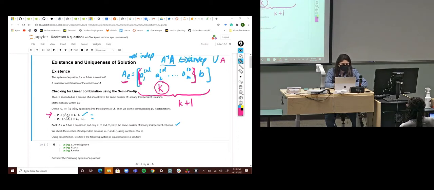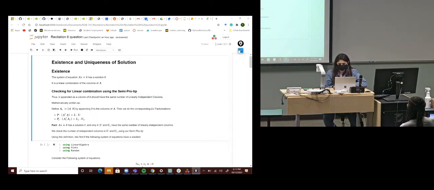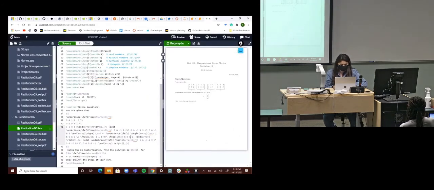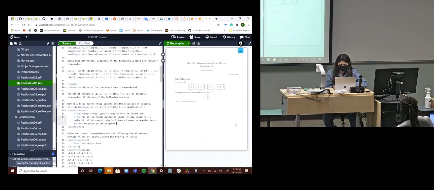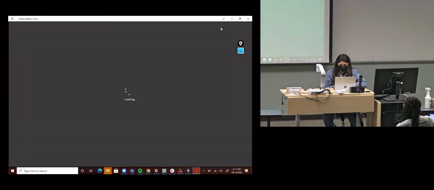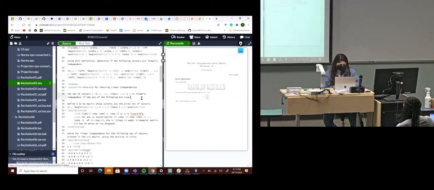We take A transpose A and we look at the columns of U using the semi-pro tip. Do you remember the semi-pro tip? You can look it up. It's very easy. So the semi-pro tip is, not this.